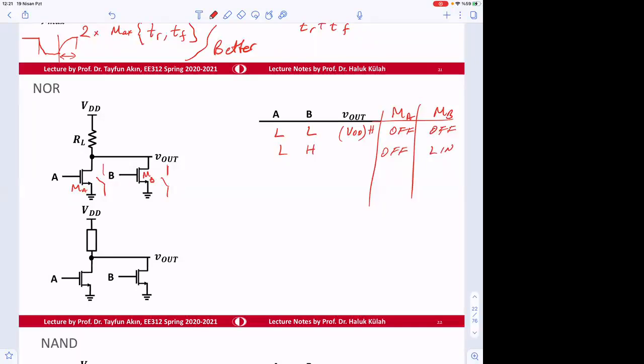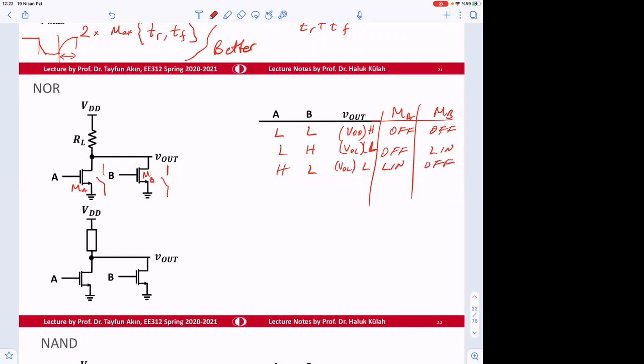So output is going to be low, or the output low. Other case, high to low. Again, the output is going to be low. This time, this will be linear. This one is going to be off.